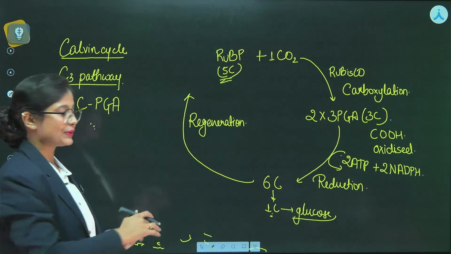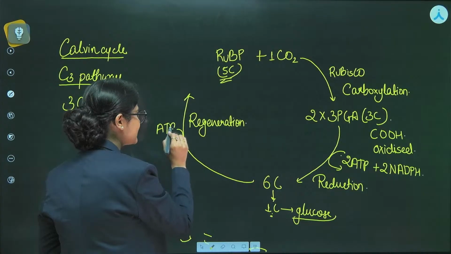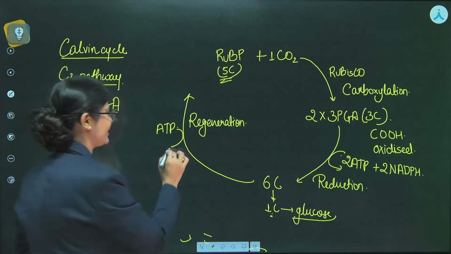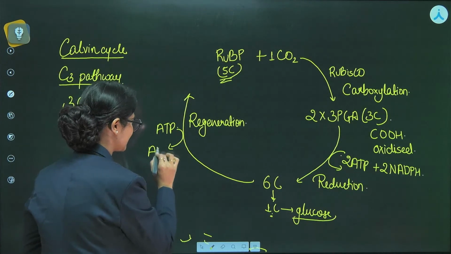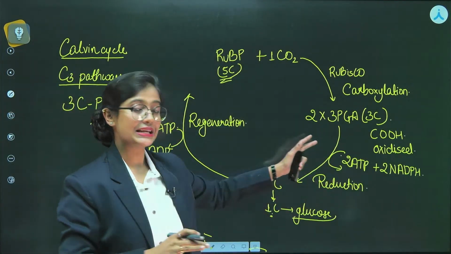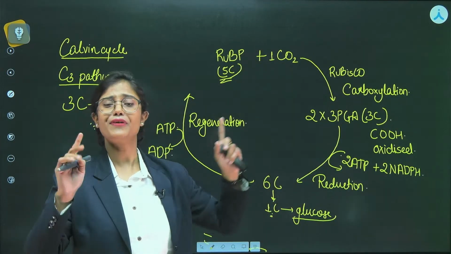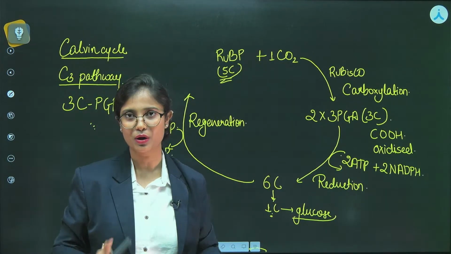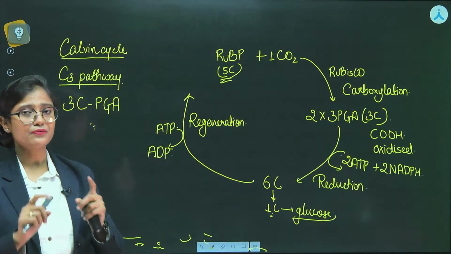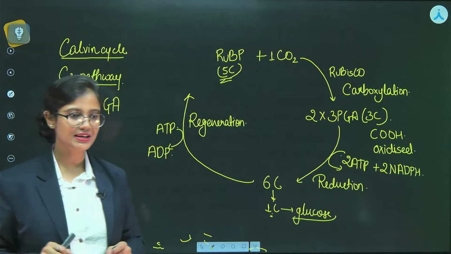For the regeneration, again a molecule of ATP is utilized. Right? So here you can see that 3 molecules of ATP along with 2 molecules of NADPH are utilized for the fixation of single carbon molecule, and if we calculate for the single glucose molecule, that means it consists of 6 carbon.